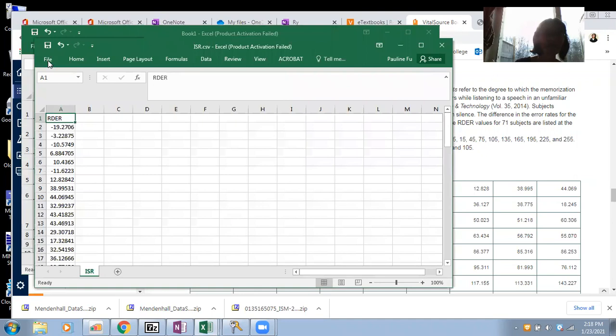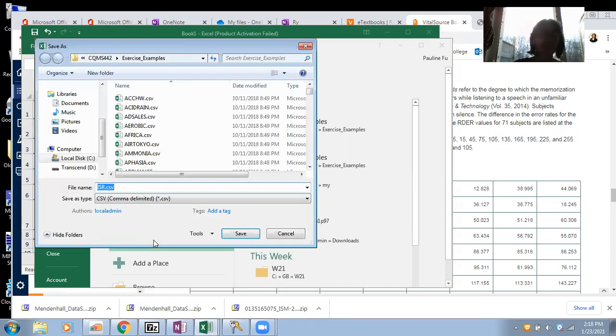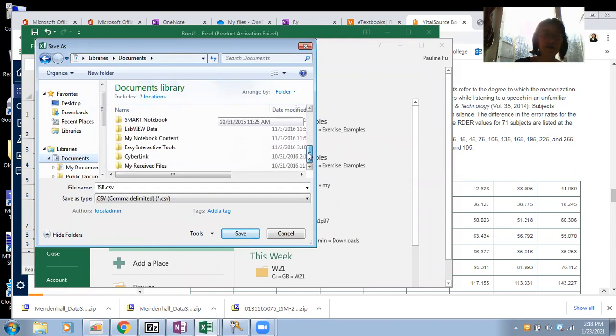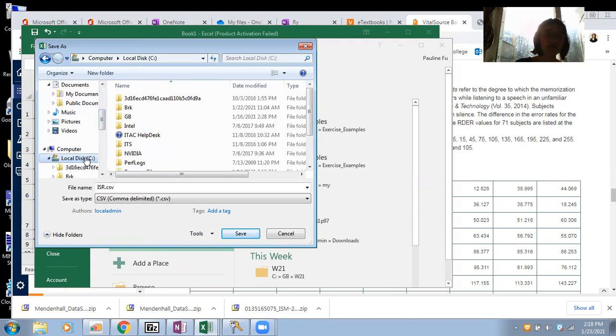So I'm going to click File, Save As, this PC. And then I will save in another location. Documents. Under Documents, maybe same location, no, same folder, but different folder.